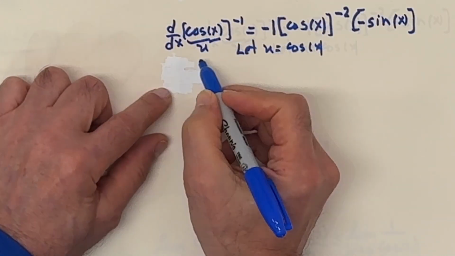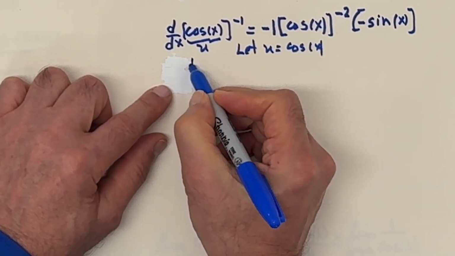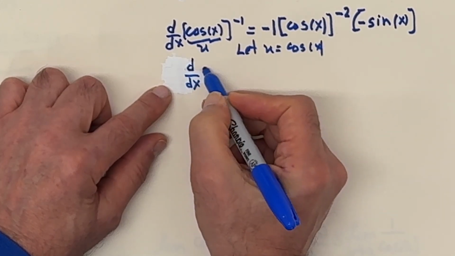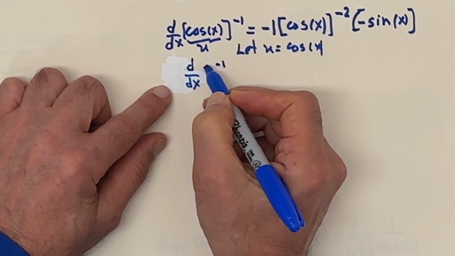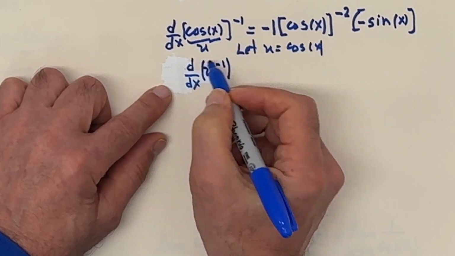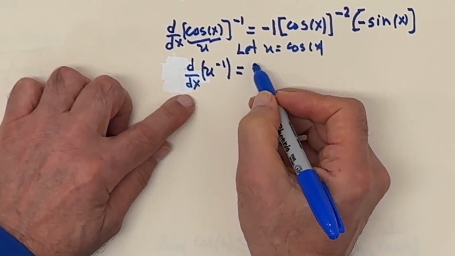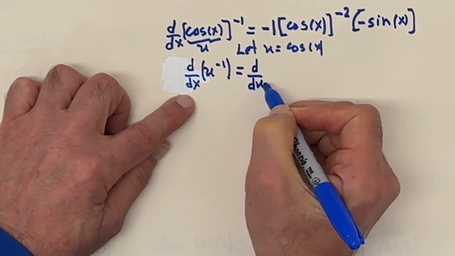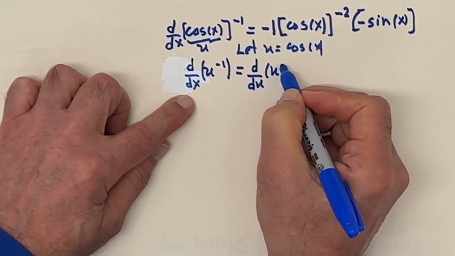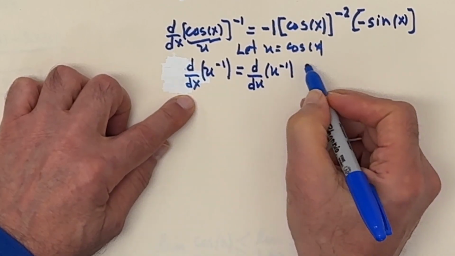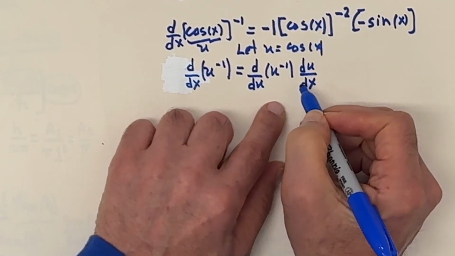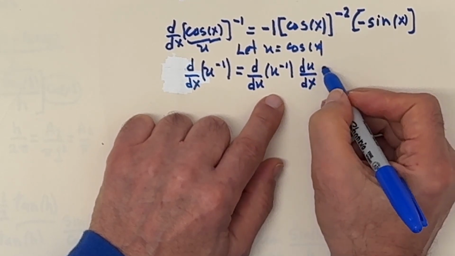So then this becomes d dx of u to the minus 1. And then what you do is you write this as d du of u to the minus 1, and then du dx, the chain rule, explicitly written out in detail.